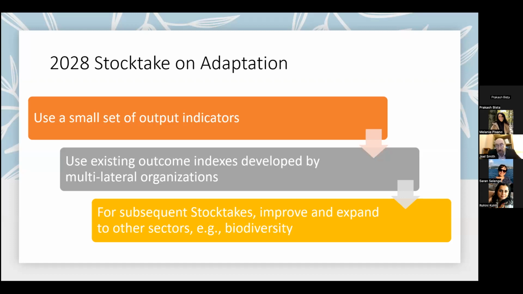Again, we'll measure what we can measure. We're not trying to measure all climate impacts or all adaptations, but for subsequent stocktakes, they go every 5 years, so 2033 and on, we would improve and expand to other sectors, such as particularly biodiversity, but also improve maybe by developing indices and making improvements as we learn and go along.